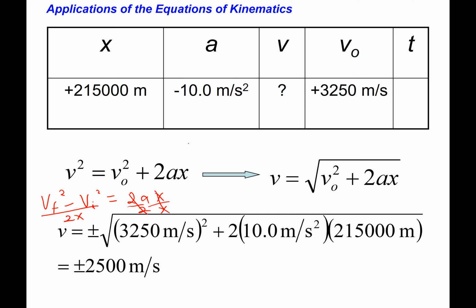And my equation would say a equals v final squared minus v initial squared all over 2x. So now I encourage you to solve this again and see that you get this answer for a.